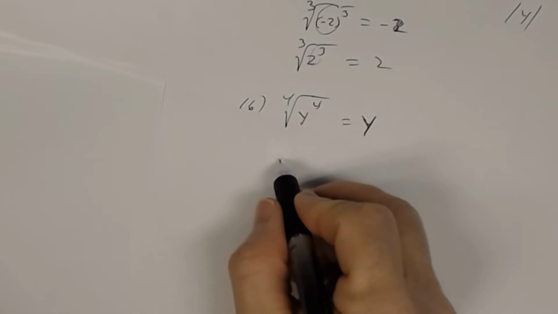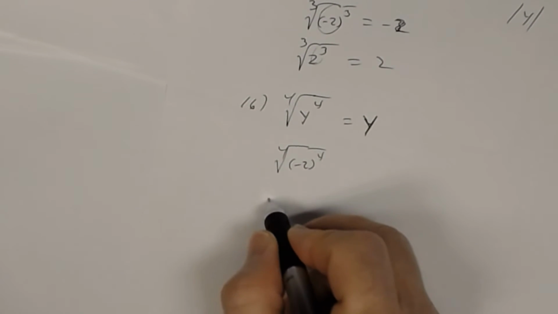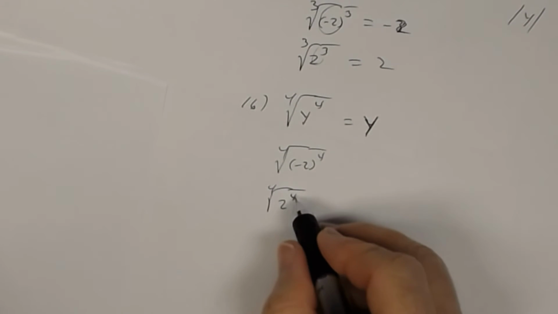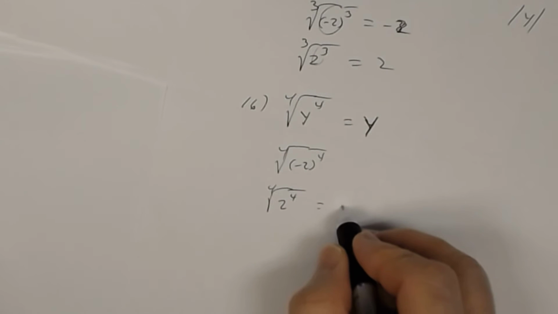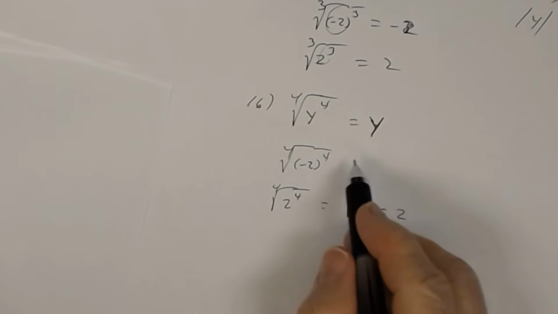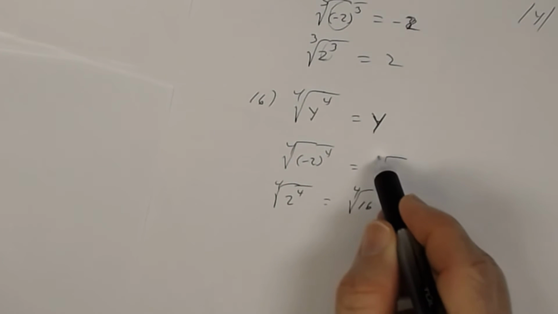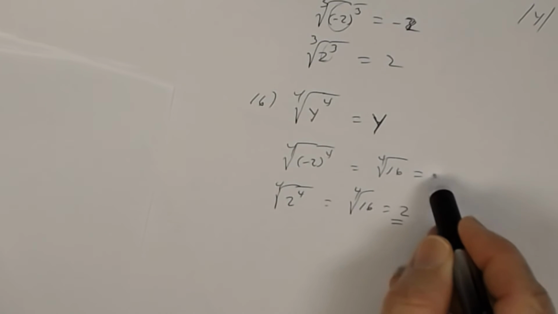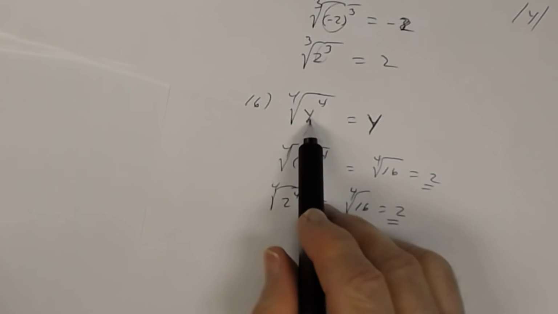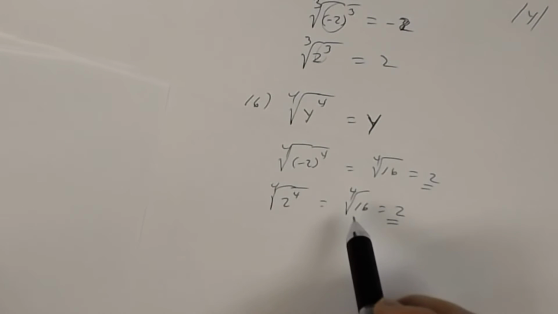If I have the fourth root of negative 2 to the fourth, and then the fourth root of 2 to the fourth, well, you know that 2 to the fourth is 16, and the fourth root of 16 is positive 2, right? And you know that negative 2 to the fourth is also 16, and the fourth root of 16 is positive 2. So you can't just say the fourth root of y to the fourth is just y.